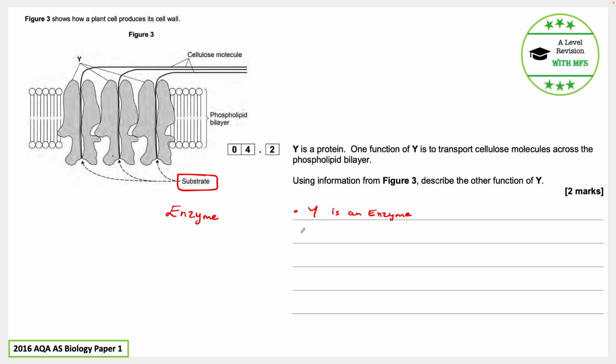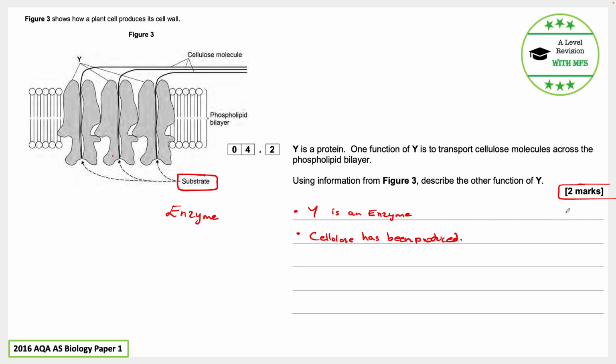So our second mark would be for saying that cellulose has been produced. Okay, and that would be worth 2 marks.